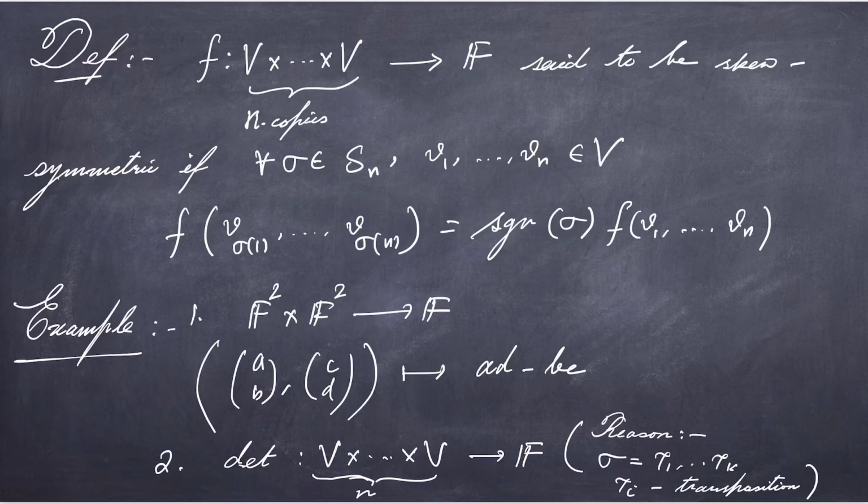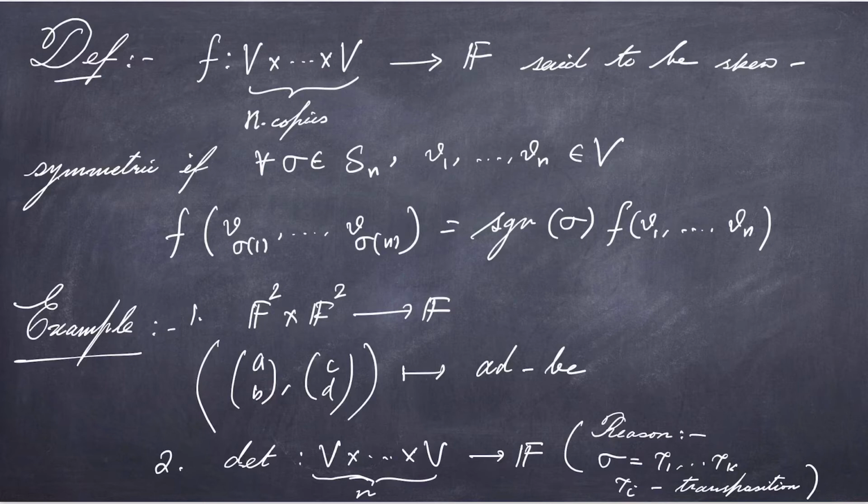We will look at the example of the 2 by 2 determinant. So the determinant of a b and c d is ad minus bc. If we interchange these two, that means our sigma here is the transposition (1 2).